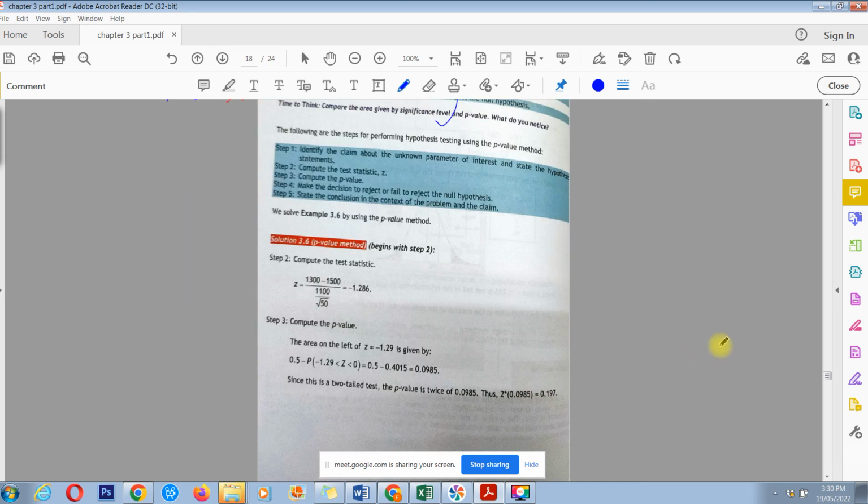Okay, let's look here. It says Z alpha equals negative 1.286. And then we compute the P value.